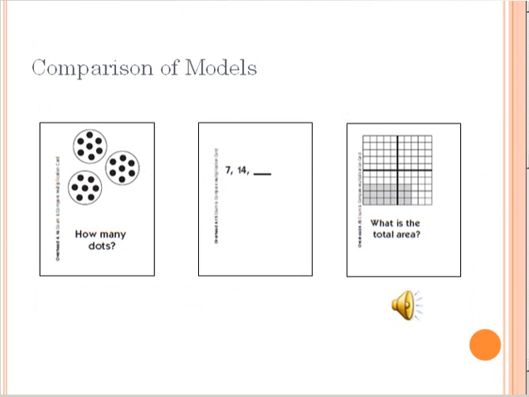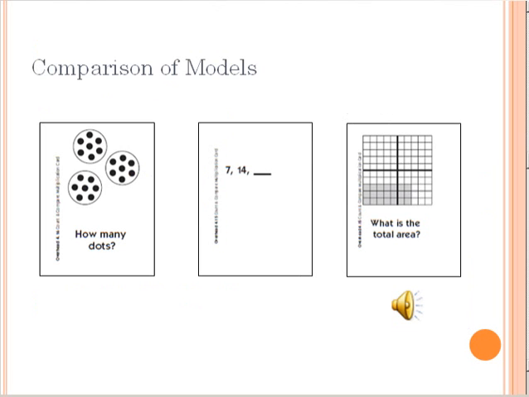The Bridges Math program used in 3rd grade uses a variety of games to get at critical concepts of multiplication. These cards come from a game called Count and Compare. The card on the left is the equal groups model, the most simplistic version for multiplication. The middle card is skip counting, and on the right is the area model.